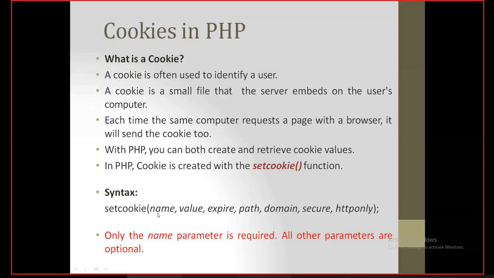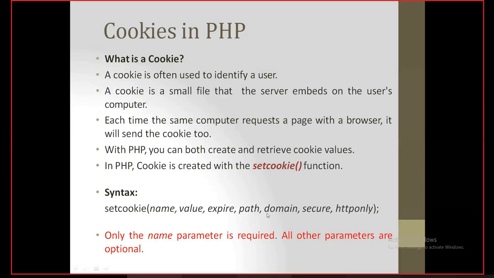Okay, then how long the cookie file should reside on the user's computer, the expiry is mentioned, the path at which the cookie file is to be stored, that is mentioned, and the domain, I mean, related to what it is. Then if you are providing some security, if you are using some encryption, you have to mention that, and HTTP only information is stored into it, right?